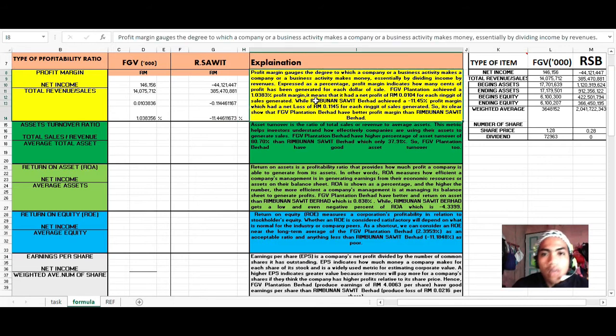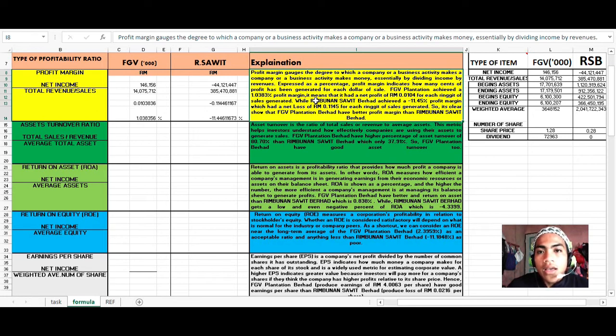So profit margin gauges the degree to which a company or a business activity makes money, essentially by dividing income by revenue. FGB Plantation achieved a 1.03% profit margin.